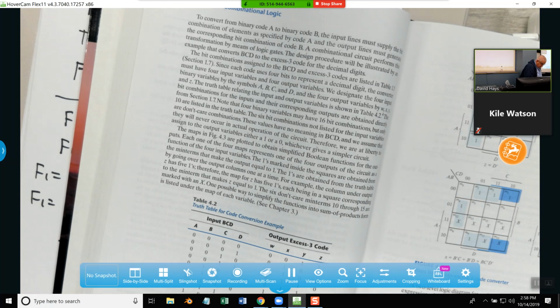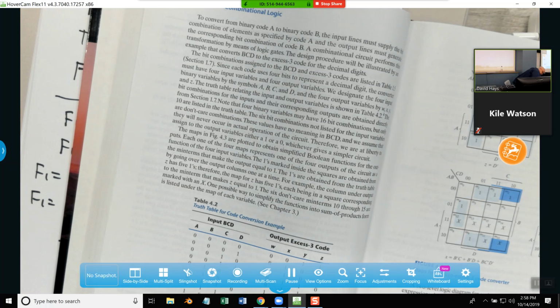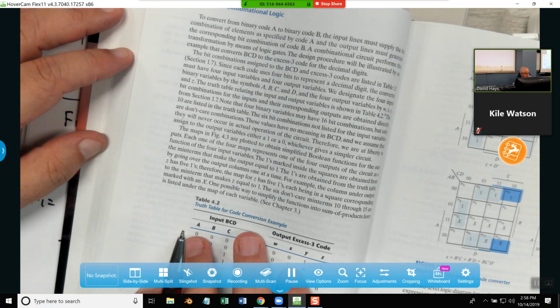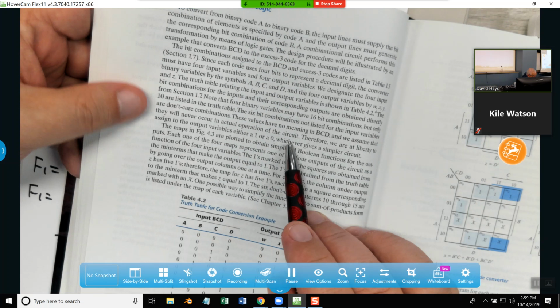Maps in figure 4.3 are applied to obtain a simplified Boolean function.